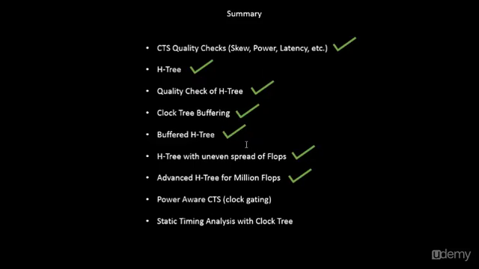It was again a tree, but built from small subtrees, and each subtree was built using one of the above techniques. It looked very complicated, but it was pretty simple to build a tree for even millions of flops.